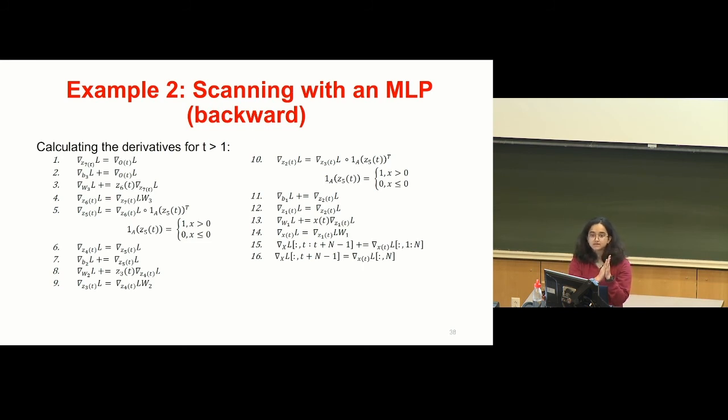So the derivatives of the first n minus 1 elements already exist from the previous time steps in the derivative vector for capital X. So we just add to these derivatives the corresponding first n minus 1 elements from small xt, and for the last element in the derivative for that window, we just set it equal to.